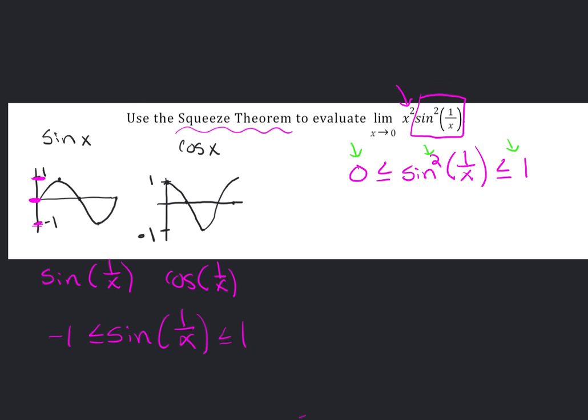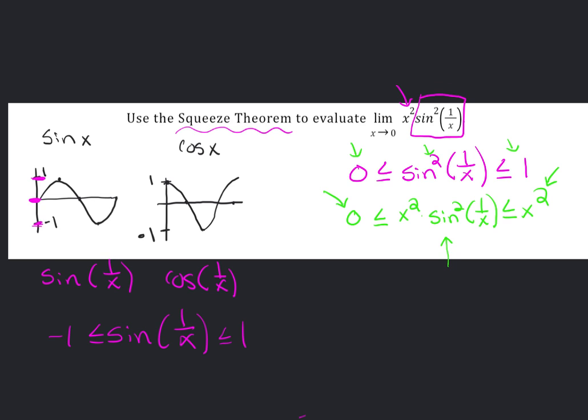So 0 times x squared is still 0, less than or equal to x squared times sine squared of 1 over x, less than or equal to 1 times x squared, which is x squared. So this function is sandwiched or squeezed in between these two functions.